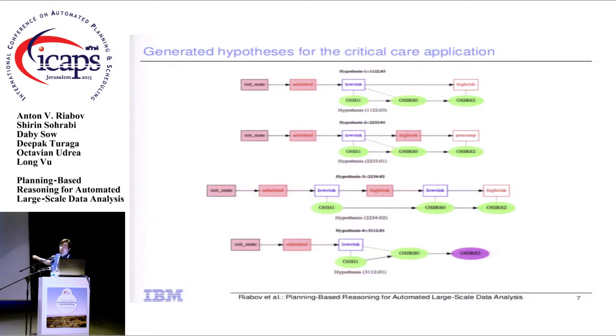So these are 4 different explanations of the same sequence of observations that our system has generated. And because the observations can be noisy, you can see that sometimes there are observations, like at the bottom, that are not explained at all by any state, or there are some states that were transitioned through, but there were no observations of a patient being in that state.